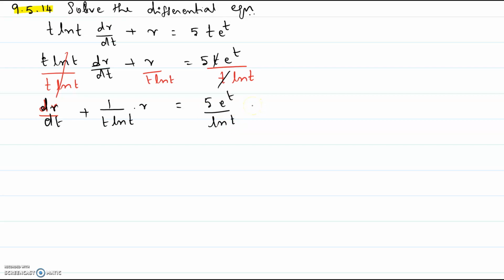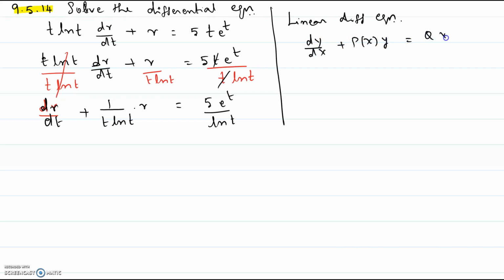So does this look like a linear equation? A linear differential equation is of the type dy by dx plus a function of x times y equal to a function of x.